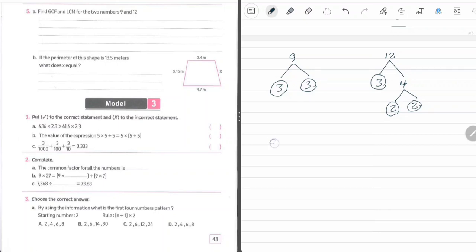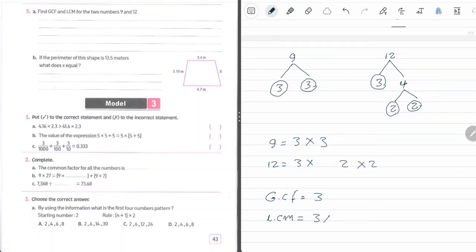Now 9 equals 3 times 3, and 12 equals 3 times 2 times 2. GCF, the repeated factor, only the repeated factor. So it's 3. LCM, see, the repeated, you will take just one of them.